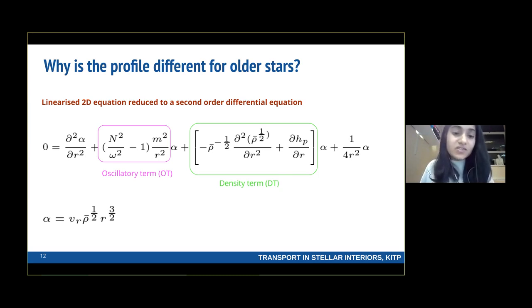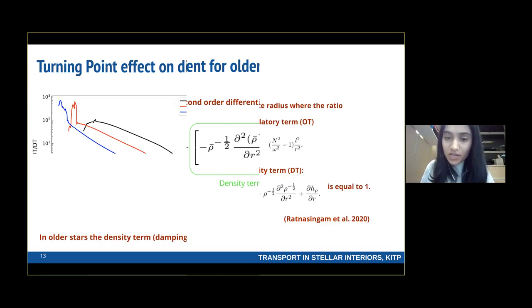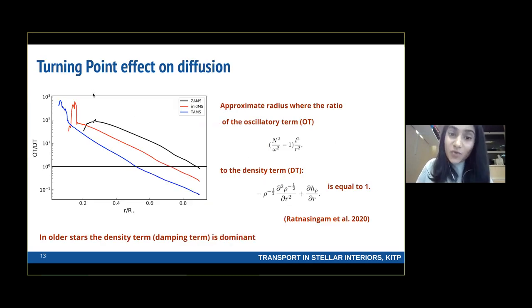So here we consider the ratio of the oscillatory term to the density term to determine what's known as the turning point, which is the approximate radius at which this ratio is equal to 1. The plot here shows this ratio plotted against the fractional radii. For the ZAMS models, it's given in black, the mid main sequence in red, and the TAMS in blue.